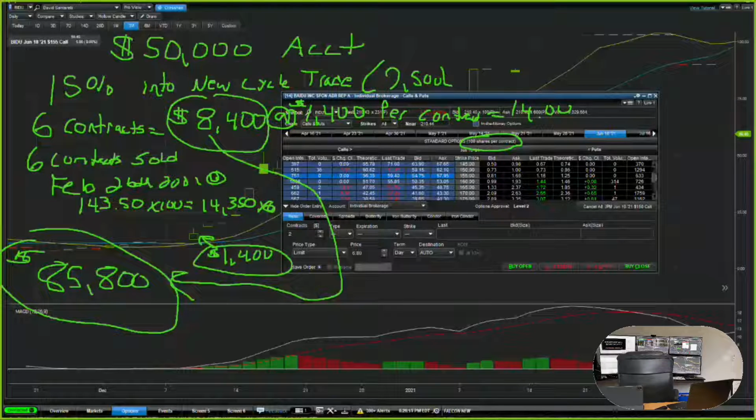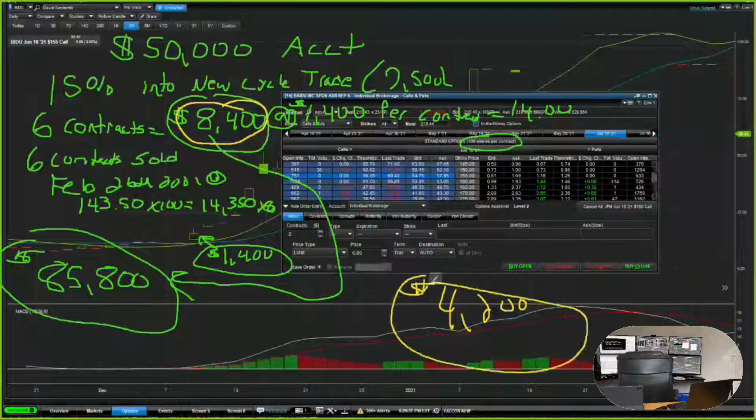because that $8,400 right there, your max stop loss on any trade should be how much, guys? Those of you in the Zoom, those of you on YouTube, what is the max stop loss on any one of our trades that we always send out? 50%, says Sam. So you're only risking $4,200, right? Your max risk on that trade was 4,200, and you got to say, okay, you know what?